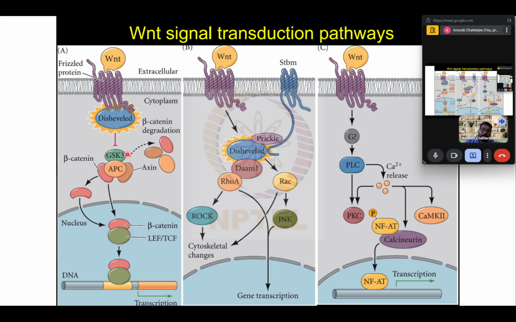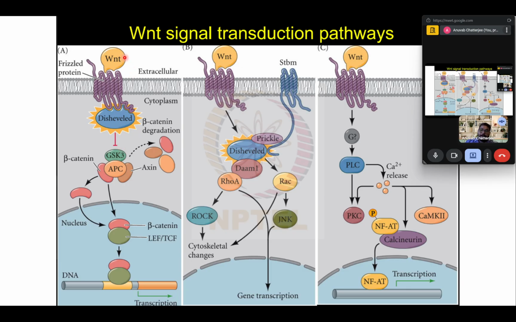The degradation complex is a huge complex made out of multiple proteins, which include GSK3, APC, axin. These will degrade a specific protein, which is beta catenin. So beta catenin is always degraded in the cytoplasm by this degradation complex.